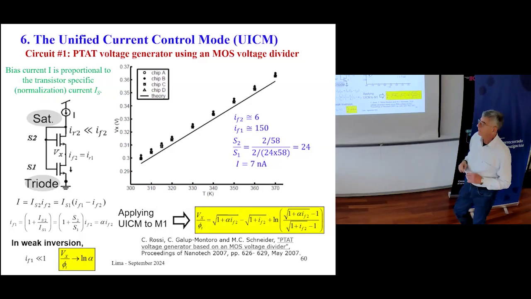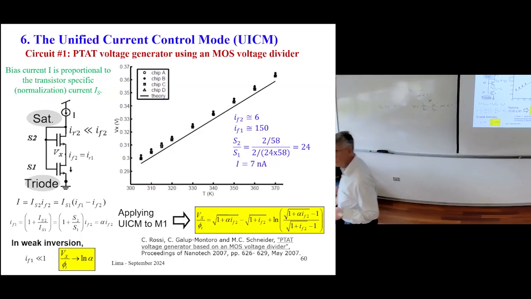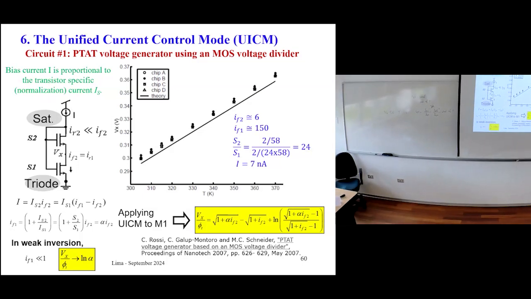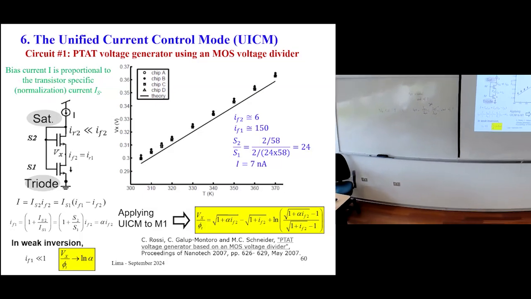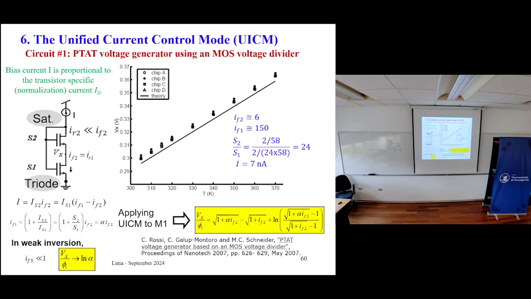This is one of the main subjects of our research. We use this block a lot of times for several types of circuits. So this block, the self-cascade mirror, is very useful for design. I can show you the next example.